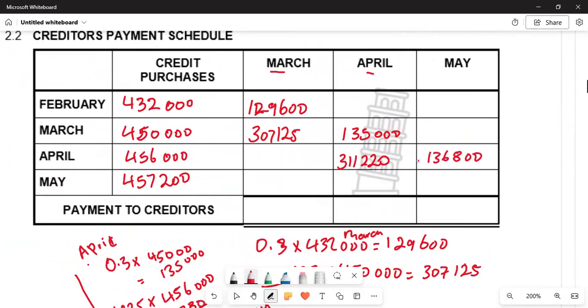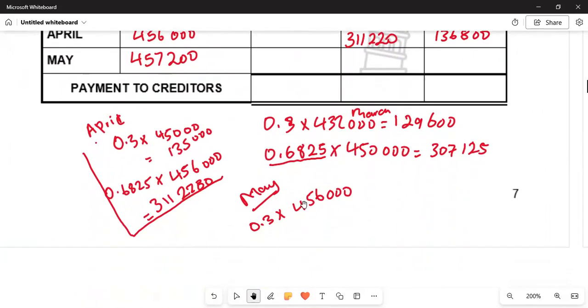136,800. That is the amount for the month following the month of purchases. So now we come to the month of the purchases, which is now May.